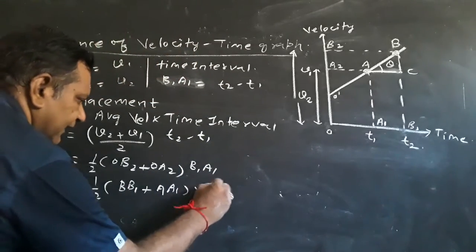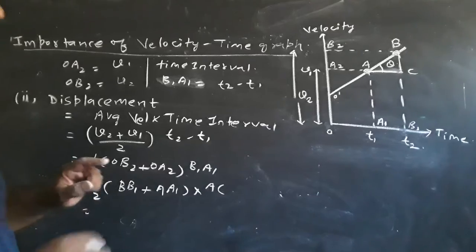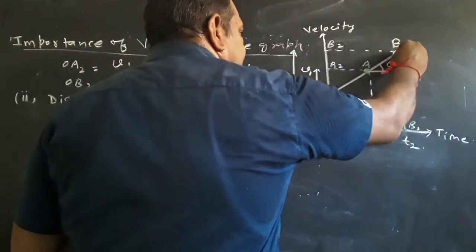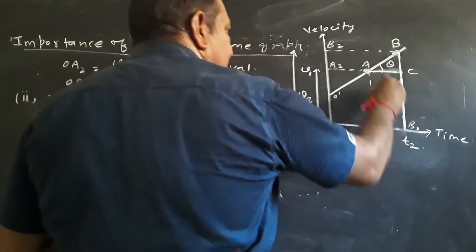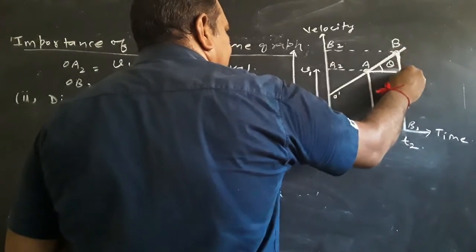So this is half into BB1 plus AA1, into AC. Now you can write this in this way.